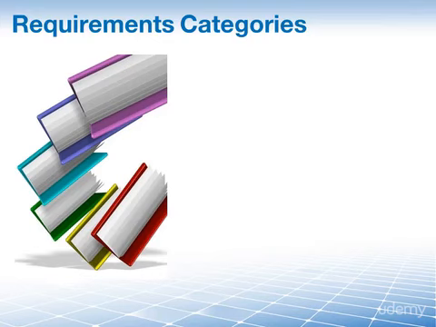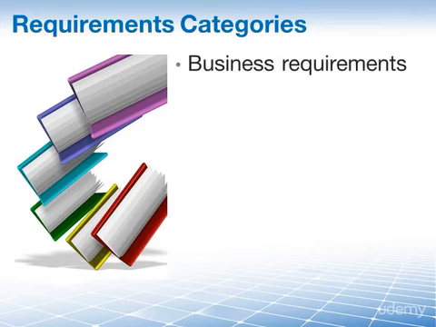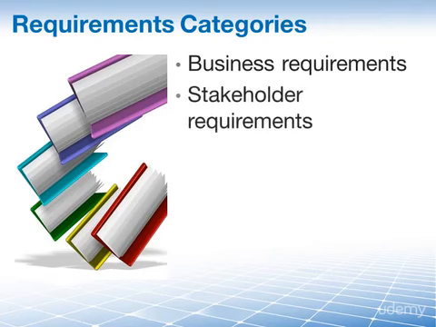Here are some of these categories, beginning with business requirements, which support the organization's business objectives and articulate the rationale for the project from a business perspective. Stakeholder requirements that describe what is important to sponsors, customers, users, and everyone involved in the project.